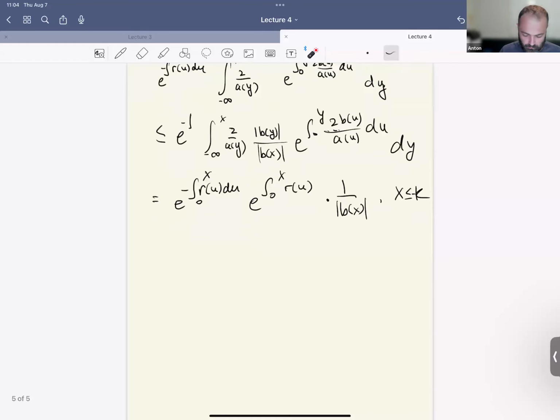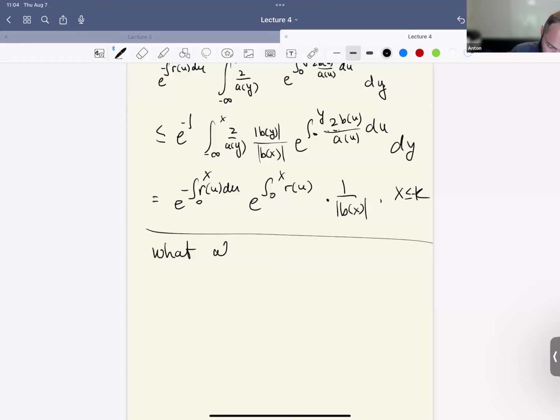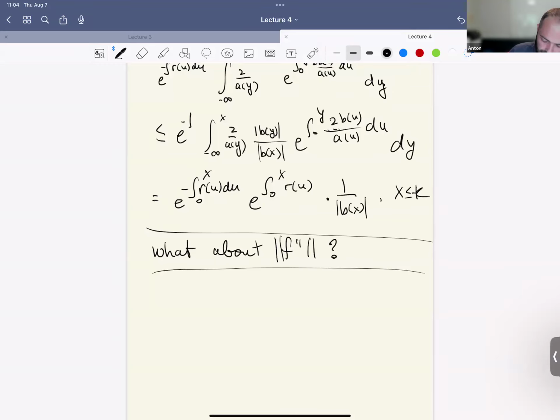All right. What about f double prime? Okay. So I just want to recap. We showed that f prime sub h is less than or equal to some constant over mu. Or I think that you can take the constant to be 3 if you're super careful, but I'm not going to worry about that.